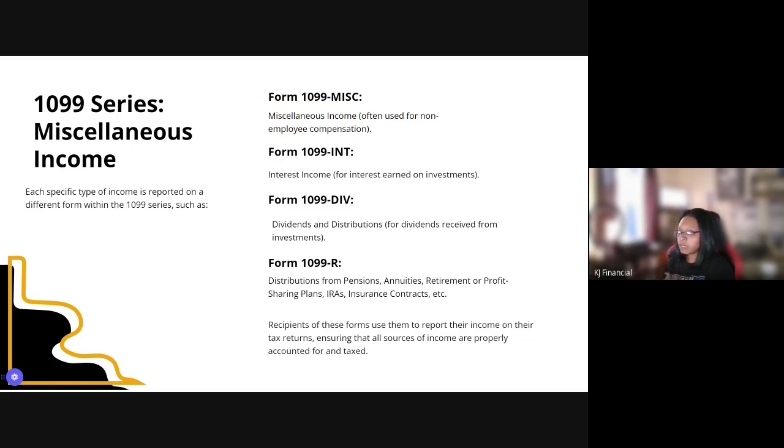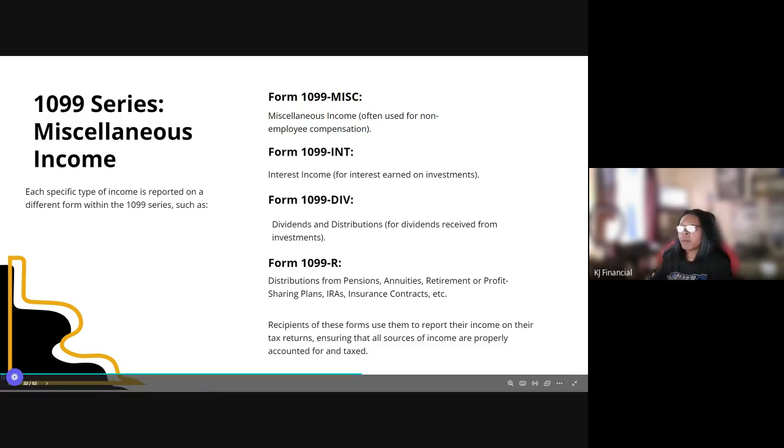Dividends, same thing, but this one's more closely towards if you are receiving some type of money back from a loved one, car accident, things of that nature. Then you have your 1099-R, which is your retirement, your IRAs, your insurance, things of that nature.